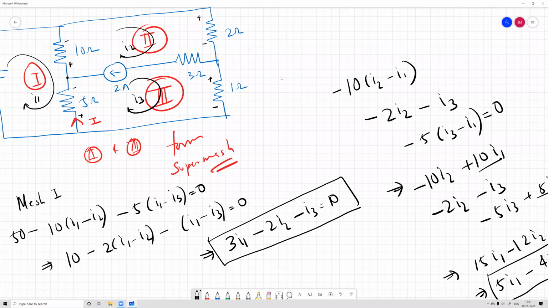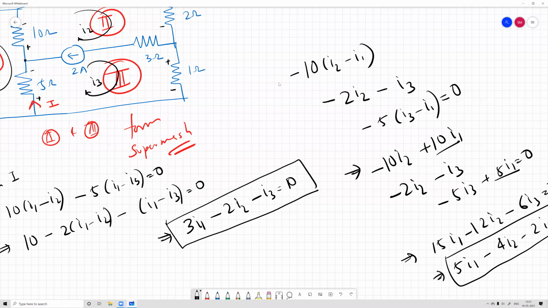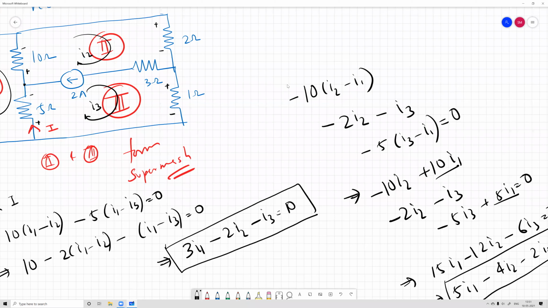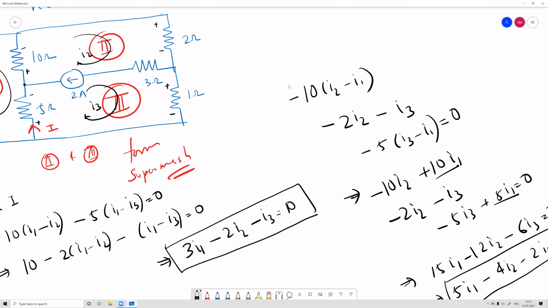There are three unknowns, so we need three equations. Two equations are found, where is the third one from? Careful. I2 minus I3 is equal to 2. Very good. I2 is in this direction, I3 is in this direction. So I2 minus I3.